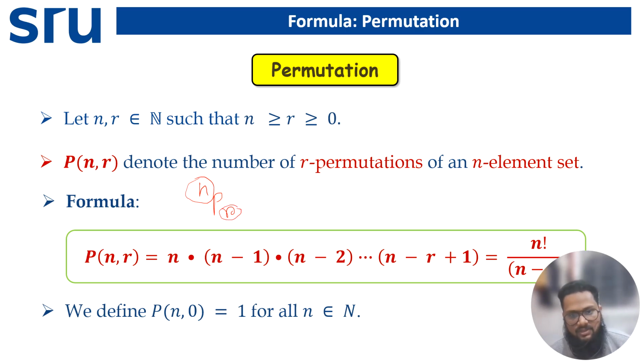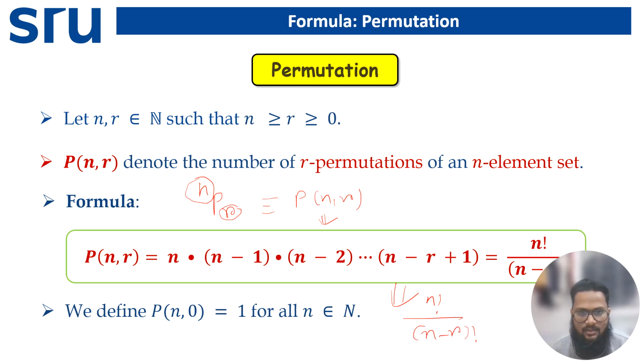So r permutations of an n element set is called nPr, or P(n, r), and the formula is n times (n minus 1) times (n minus 2), continuing till (n minus r plus 1). You can also write this as factorial n divided by factorial (n minus r).